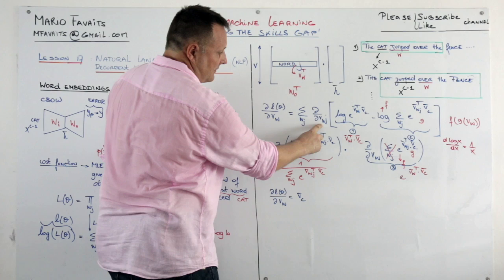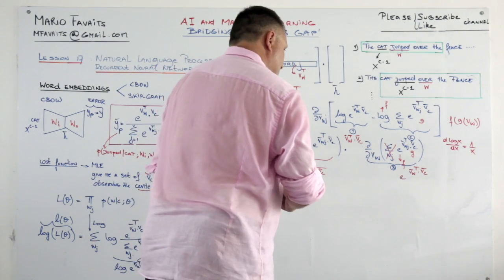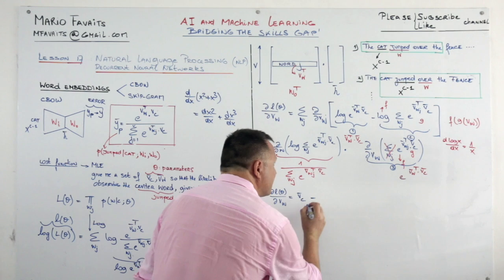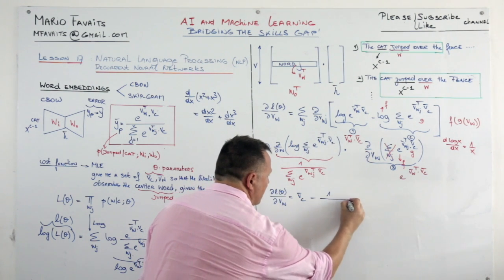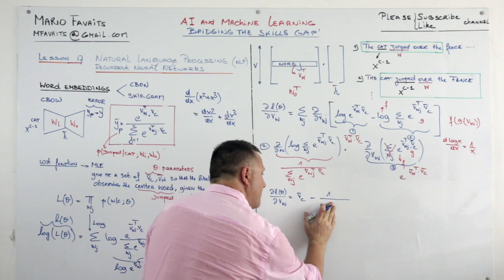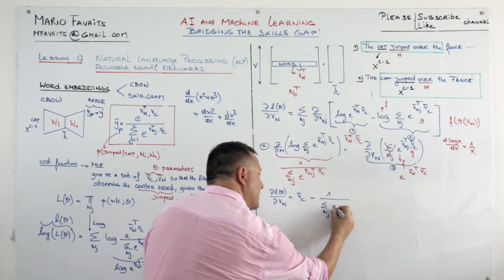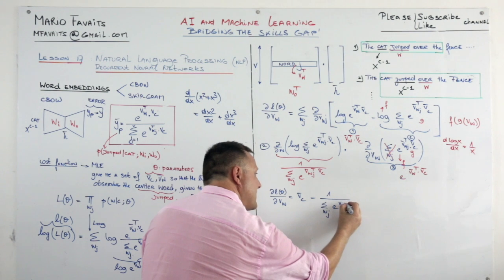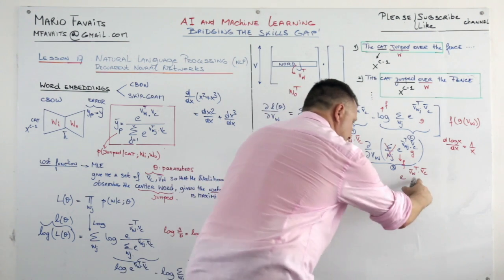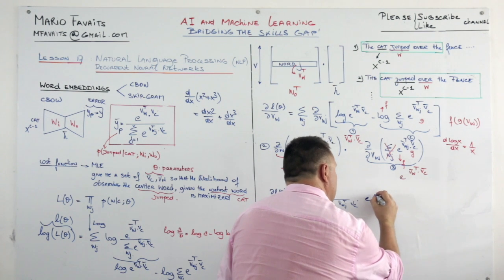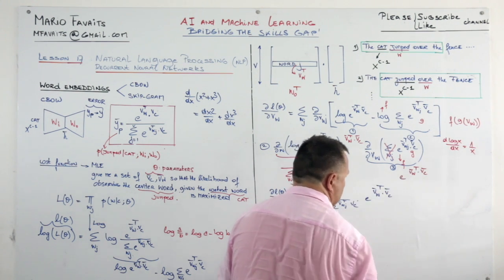So the derivative with respect to vw of this one is vc. And then we have minus, from this minus, and then 1 divided by the sum over all words, e to the power of vwj transpose vc, times this one, e to the power of vw transpose vc.